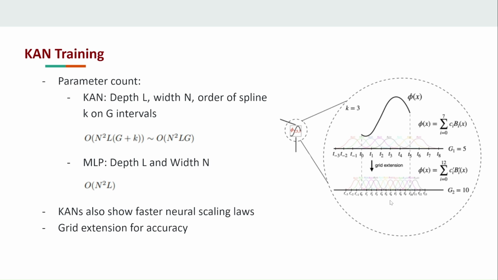But then, of course, we run into the problem of overfitting. Grid extension can be performed for all splines in a KAN independently. So one can first train a KAN with fewer parameters and then extend it to a KAN with more parameters by simply making its spline grids finer without needing to retrain the model.